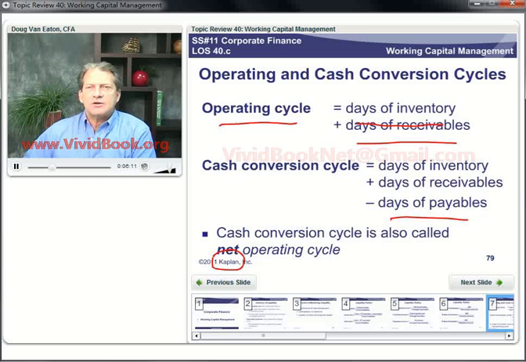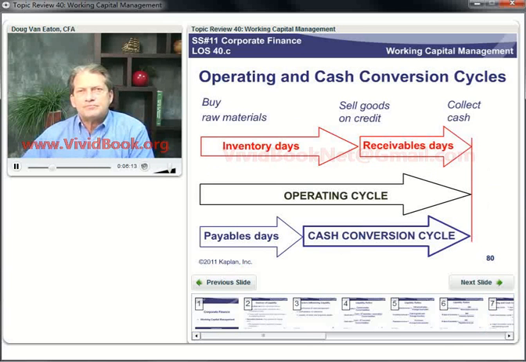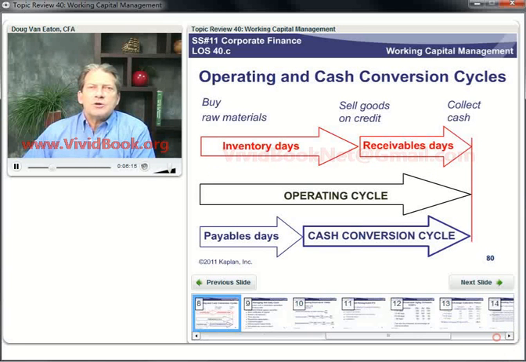Take a look at this with some arrows. We start with raw materials, we buy them right here. And then they make their way through inventory to finished goods and finally get sold on credit right here. And then there's the average number of days until we collect the money on our credit sales. So that's our operating cycle.